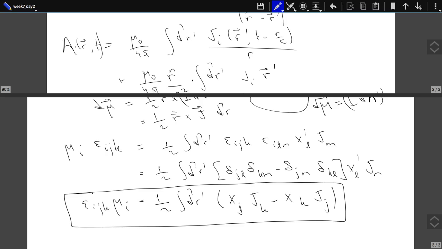Well, in the case of magnetostatics, we could still do one more trick to actually show that these two terms contribute the same.